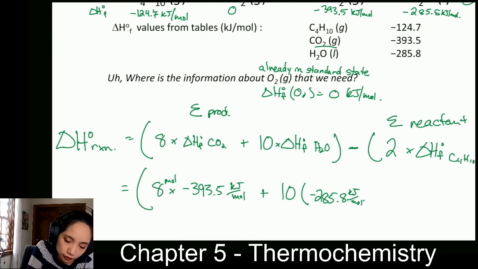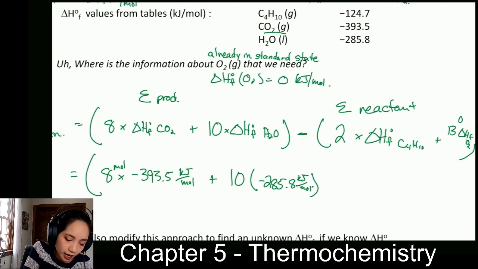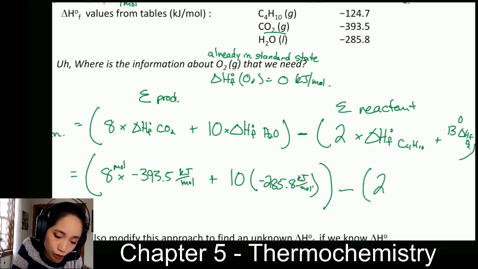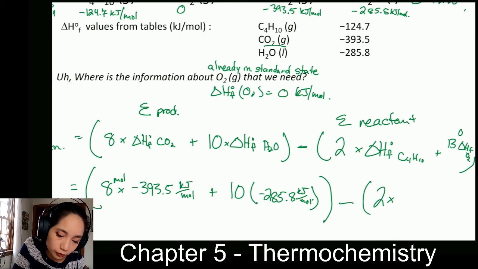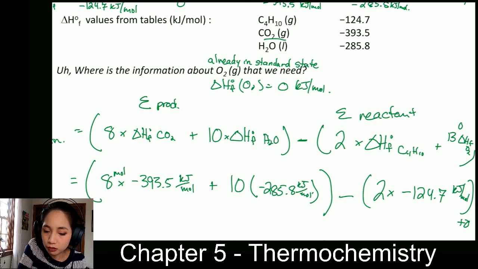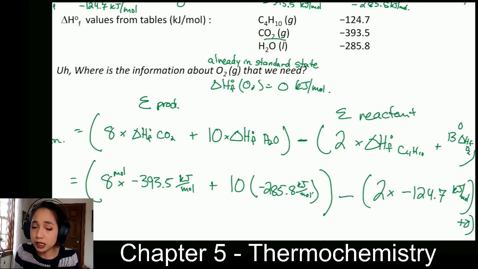All right. And then, so that's the sum of the products minus the sum of the reactants. So 2 times delta H of formation for butane. So that's negative 124.7 kilojoules per mole. And then the contribution from oxygen is just 0. So we don't have to worry about oxygen because it's already in its standard state.